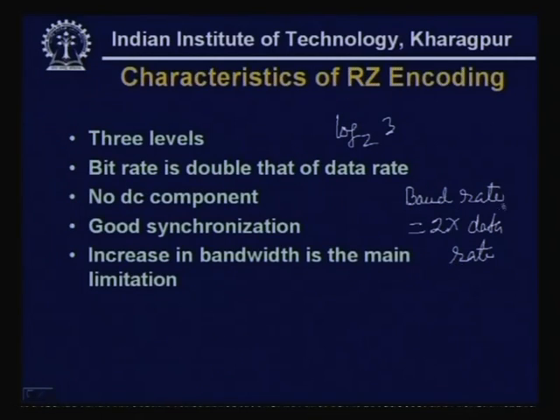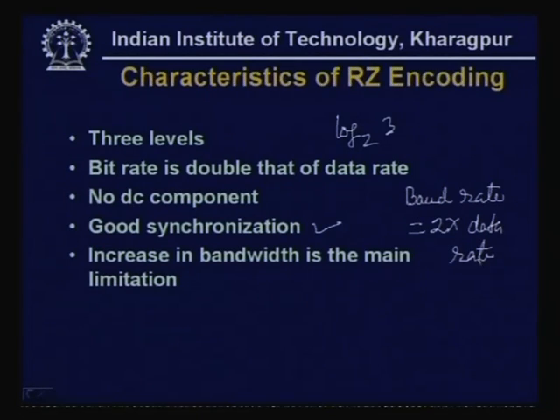The signal requires higher bandwidth than the data rate. However, it provides good synchronization, as you have seen, and the increase in bandwidth is the main limitation and concern. Because of this, the signal has double the bandwidth of the data rate.